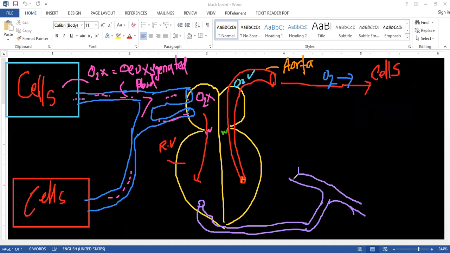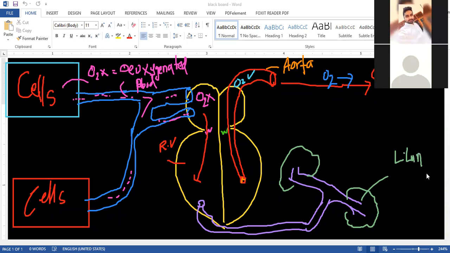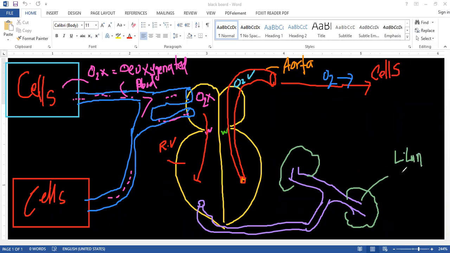And this right pulmonary artery is going where? To the right lungs. And if it's the left, then the left lungs. For example, if I say this is the left lungs, and this is the right lungs.